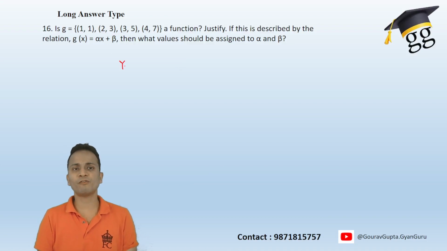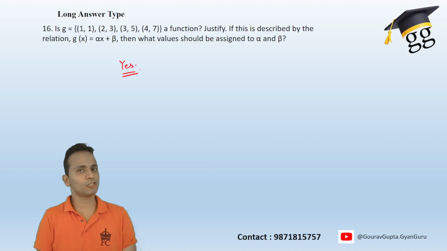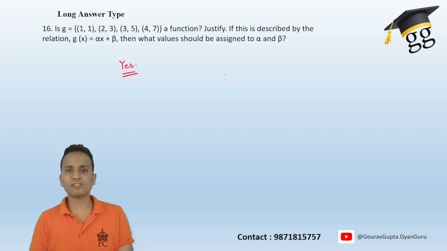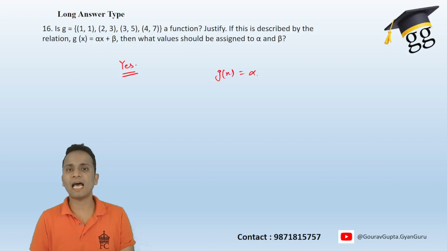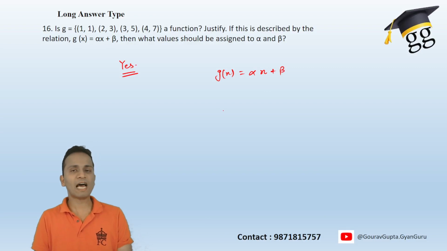Okay, so the answer for the first part will be yes. Now the next task: if this relation g(x) is defined as alpha x + beta, we'll have to find the values of alpha and beta.